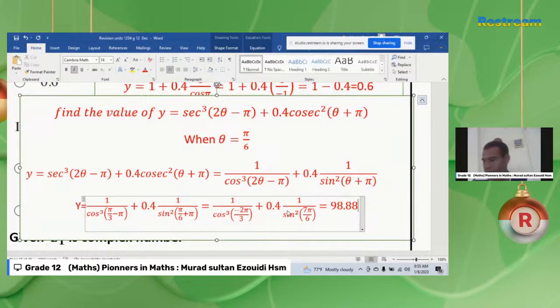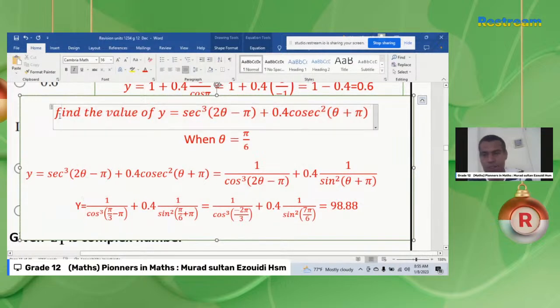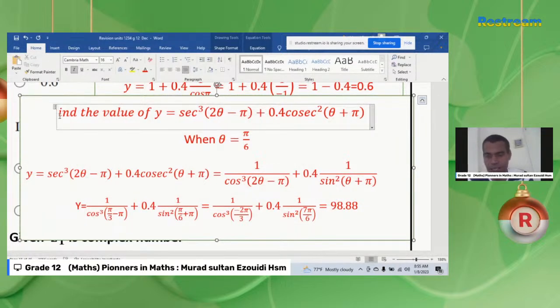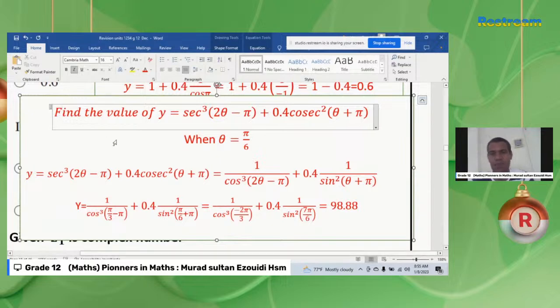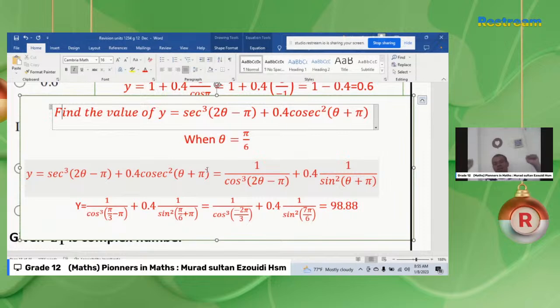So this is how you can find the value of the function written in terms of sec and cosec, and whatsoever the value of theta. So just substitution after rewriting your original equation by their reciprocal functions of sec and cosec.